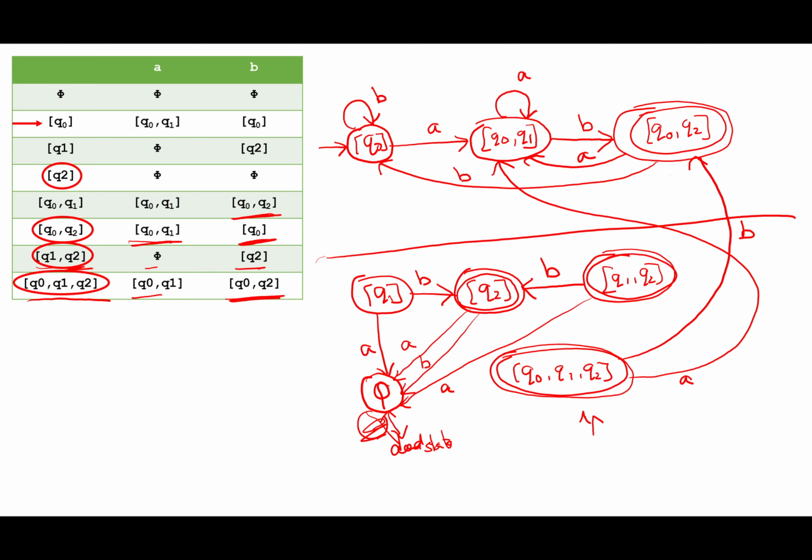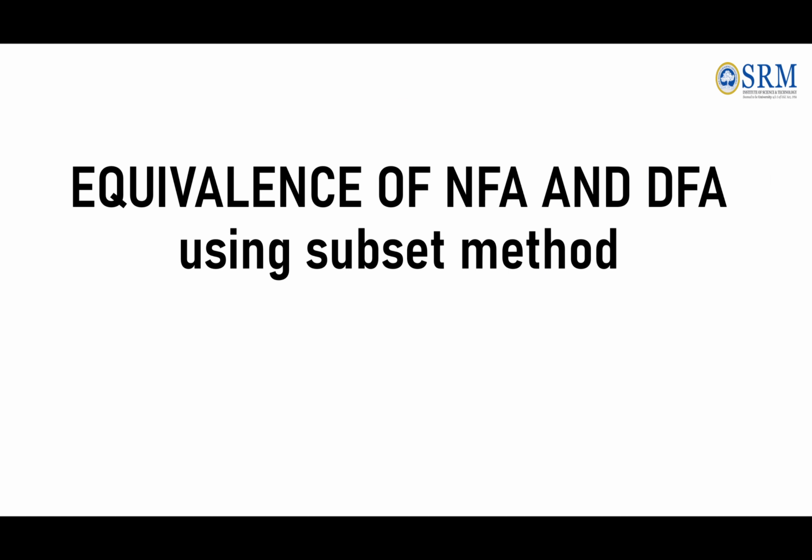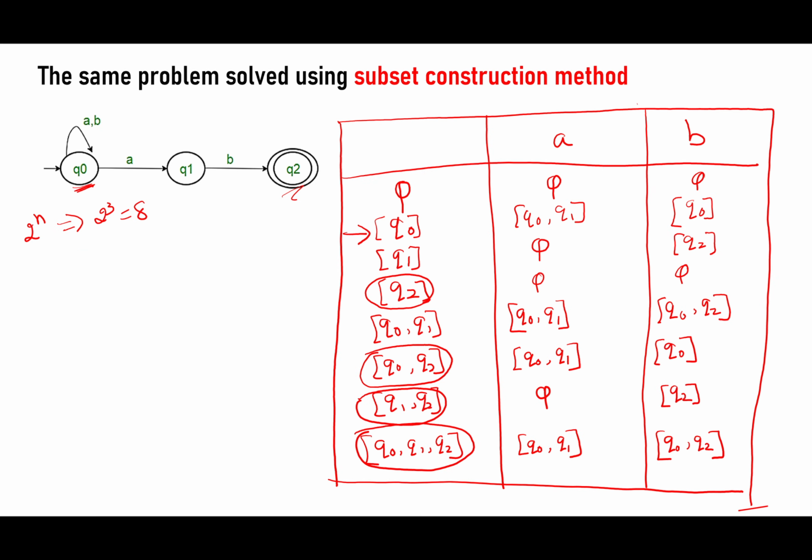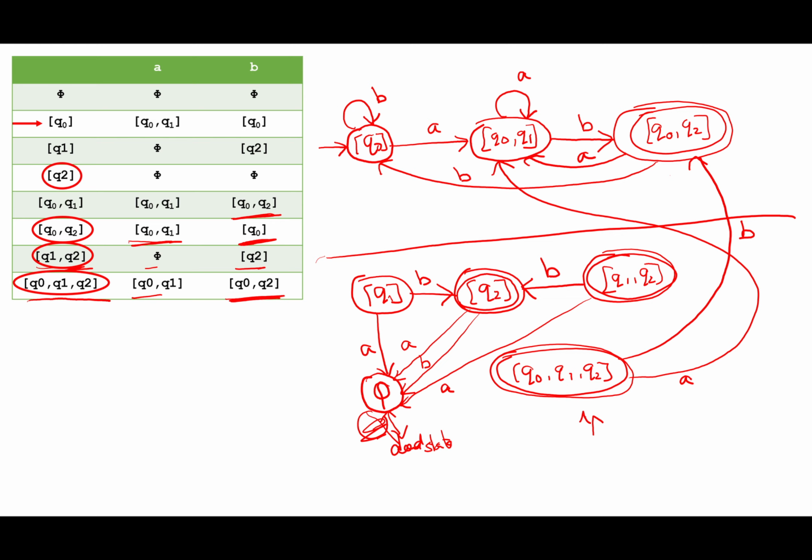If we compare with the result we got using the simple method, you can see we got only 3 states and completed the transition. But here there are 8 states in total, and these 5 states don't have a proper connection with the first 3 states.